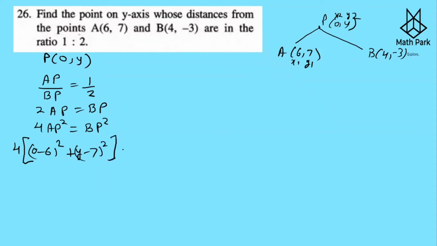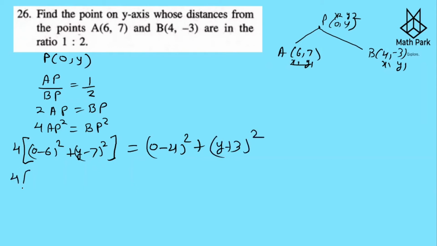Okay, this is my AP square, is equal to BP square. Now, when I'm using BP, I'll be using this as x1, y1. So (0 minus 4) the whole square plus (y minus of minus 3, which becomes y plus 3) the whole square. Got it?